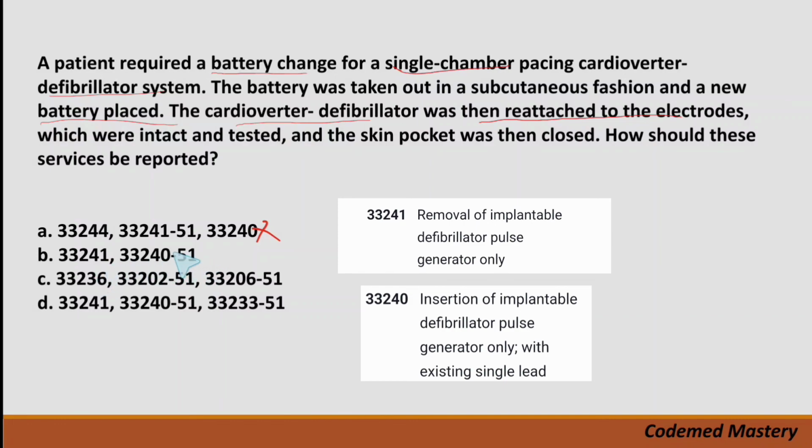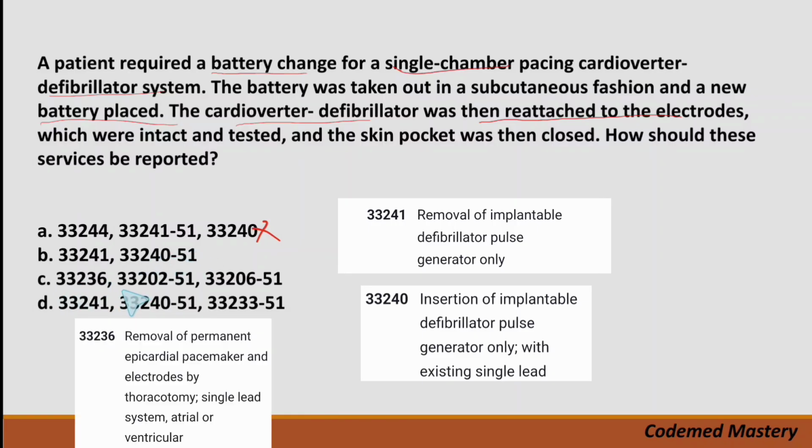So option B is the right answer. We'll keep this option for now. Let us check also option C 33236. 33236 is for removal of permanent epicardial pacemaker and electrodes by thoracotomy, single lead system, atrial or ventricle. But in our question they have removed only the battery and they have replaced the battery. Okay, so it is not matching with the code 33236. So we'll eliminate this.